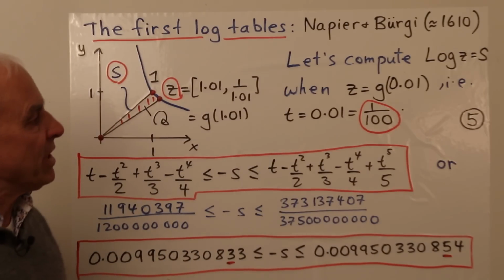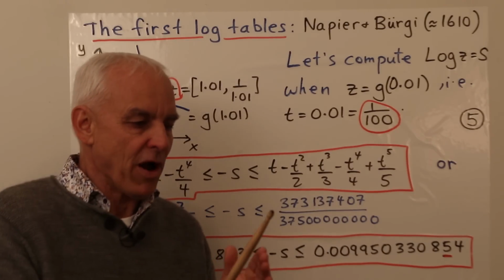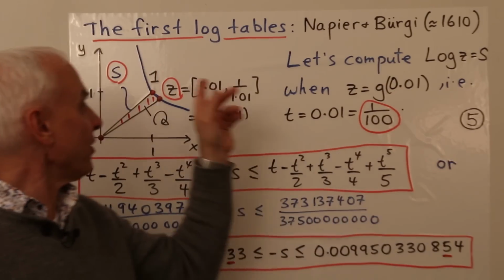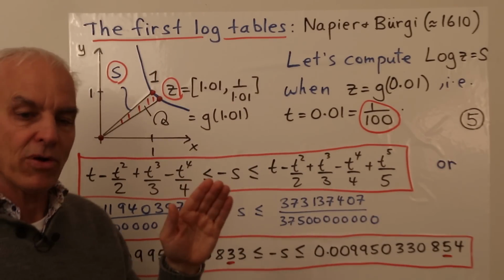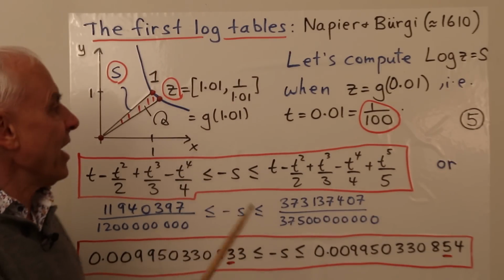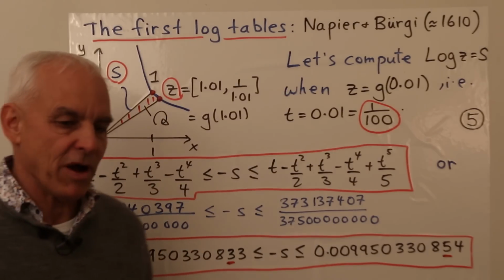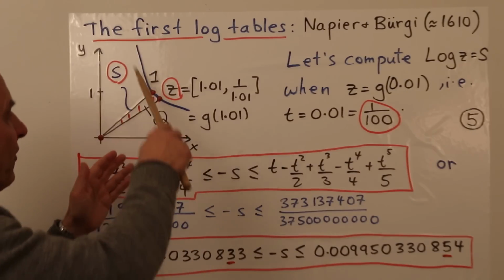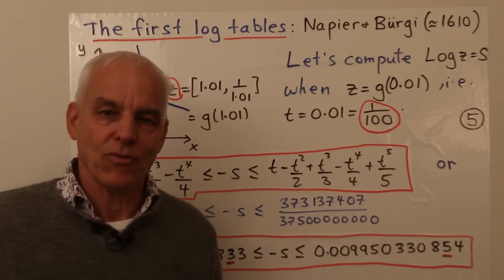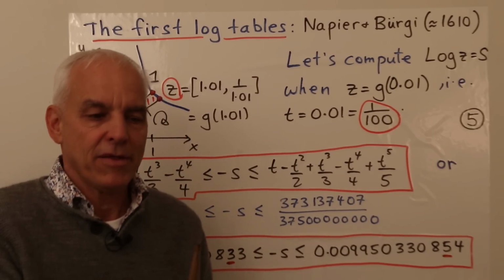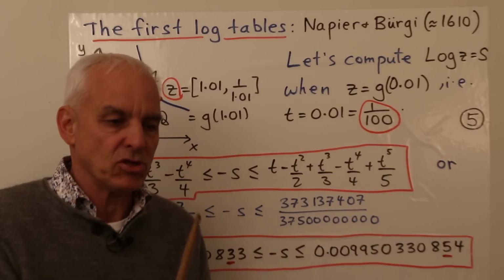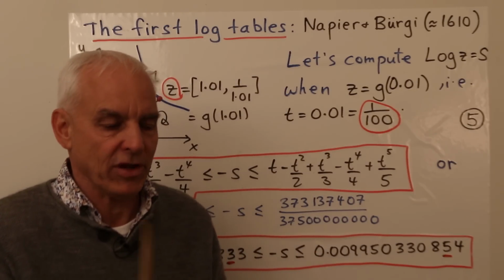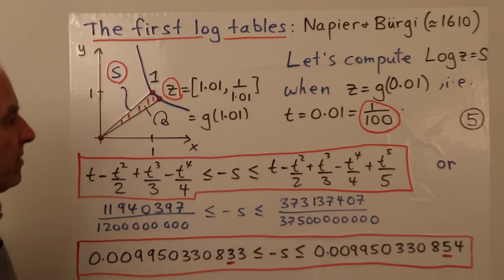The idea will be to look at the correspondence between a geometric series, like powers of a particular value of z, and the corresponding sort of indices that in some sense correspond to the signed areas. Okay, so they did not think in terms of the curve x, y equals 1 or in terms of signed areas. They rather just thought about the relationship between essentially an arithmetical sequence and a geometrical sequence, but we'll see that it's very much the same.